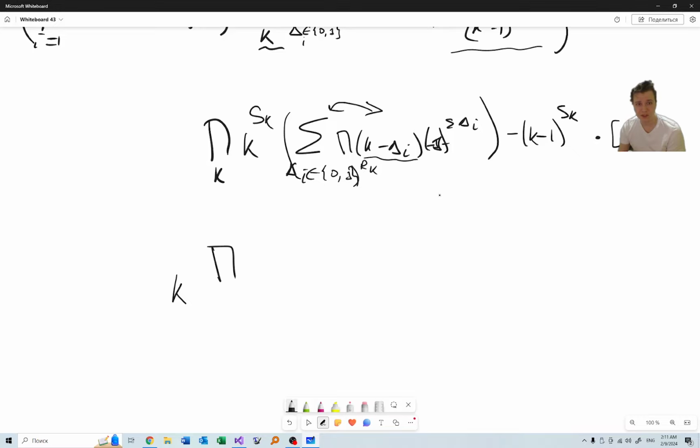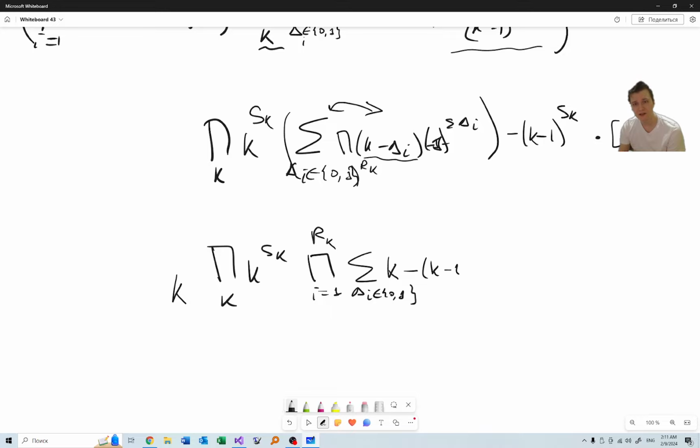independent. So we have product over k, k to sk, then product from i equals 1 to rk, then sum of delta i from 0 to 1. And here we simply have k minus 1.